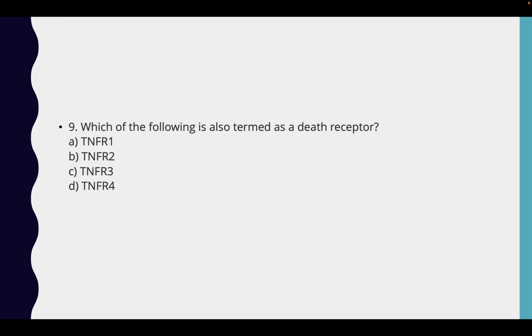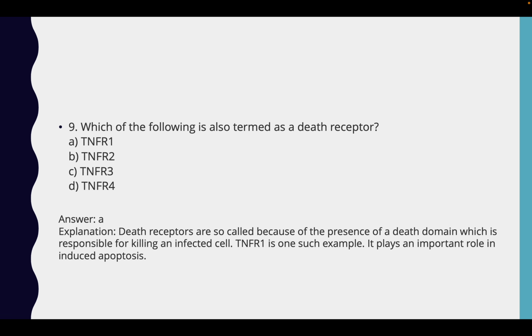TNF की तो हमने बात कर ली, ट्यूमर नेक्रोसिस फैक्टर. अब कौन सा वाला है? 1 2 3 4. TNFR1. Death receptors are so called because of the presence of a death domain which is responsible for killing an infected cell. TNFR1 is one such example. It plays an important role in induced apoptosis.